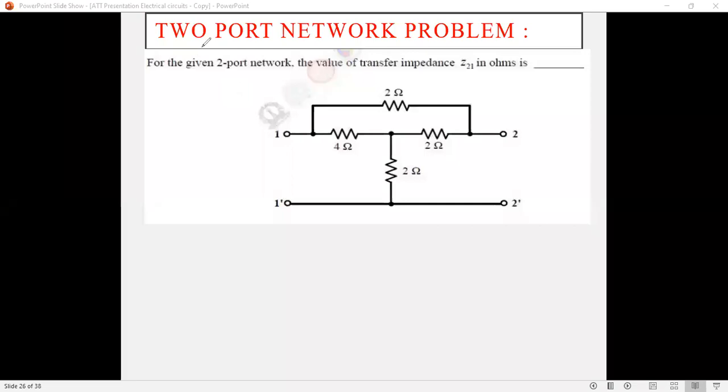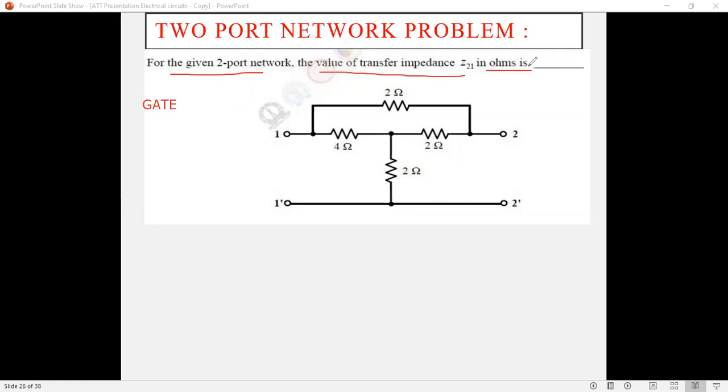Okay. See, for the given two-port network, this is a GATE question which was asked in a previous GATE examination. For the given two-port network, find the value of transfer impedance Z21 in ohm.